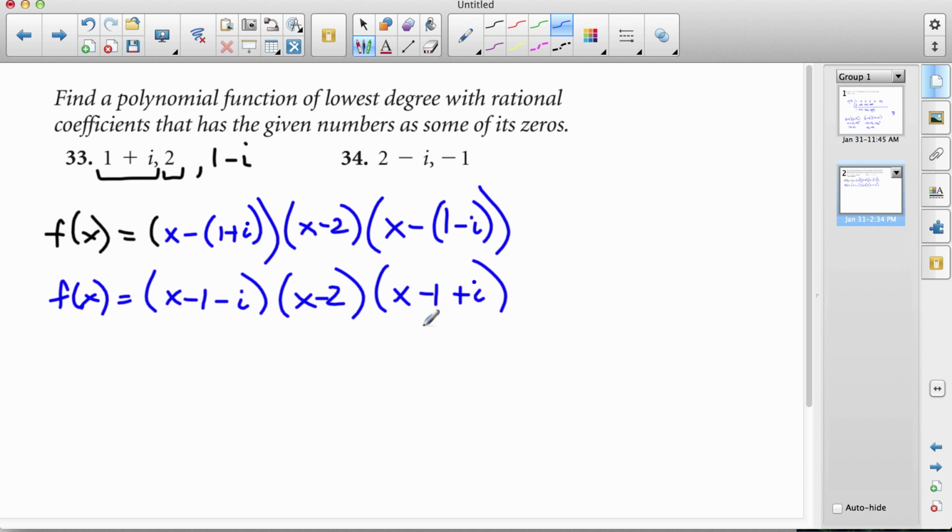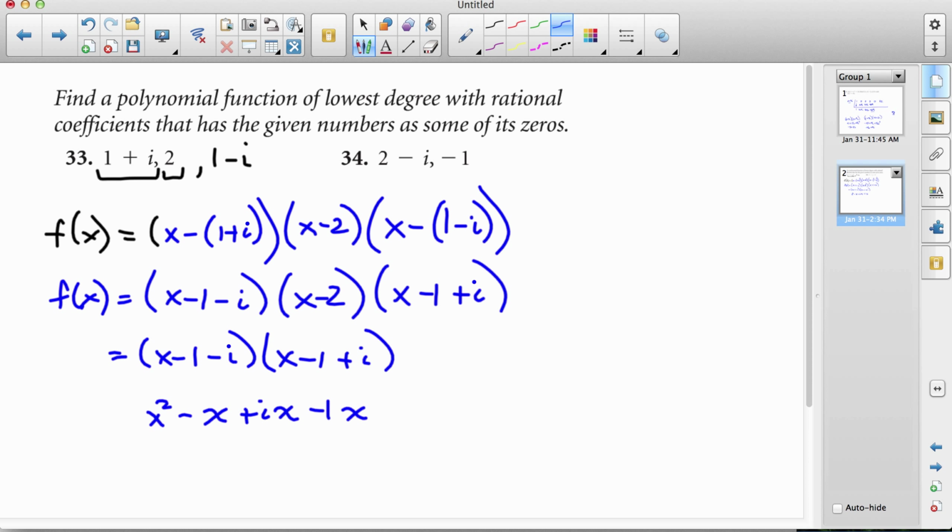There. Now, you could leave the function like that because that's in factored form, but they probably want you to FOIL it all out. I'm going to FOIL the complex ones together first, just because hopefully they'll shrink down. So x times x, x squared, x times negative 1, negative x, x times i would be plus ix. Negative 1 times x, negative x. Negative 1 times negative 1 is a positive 1.